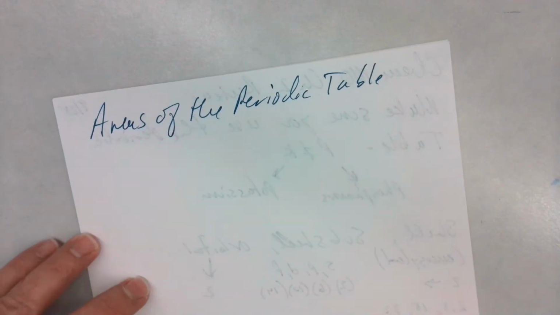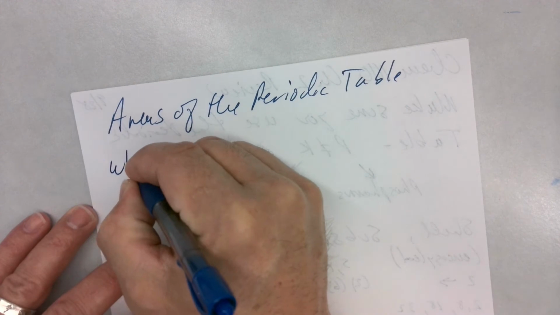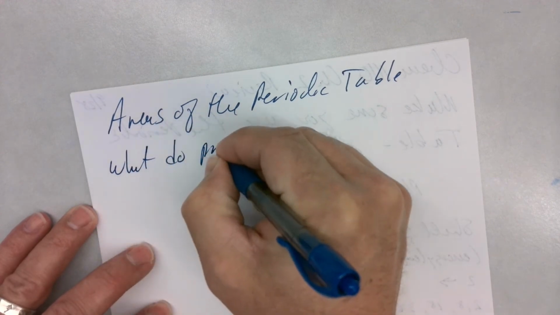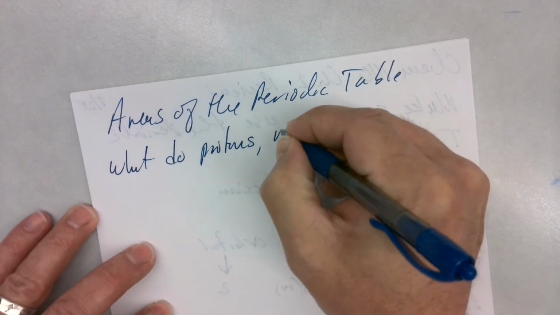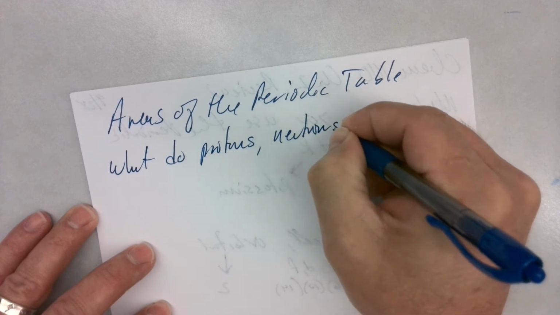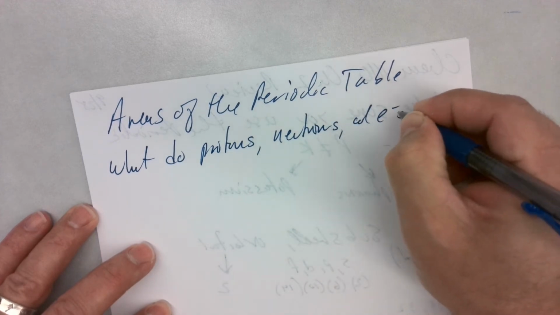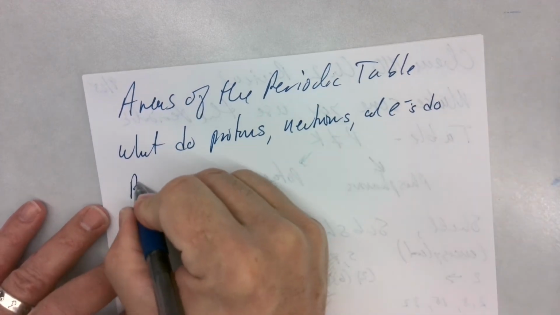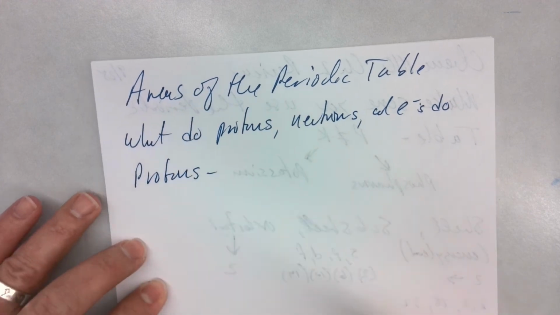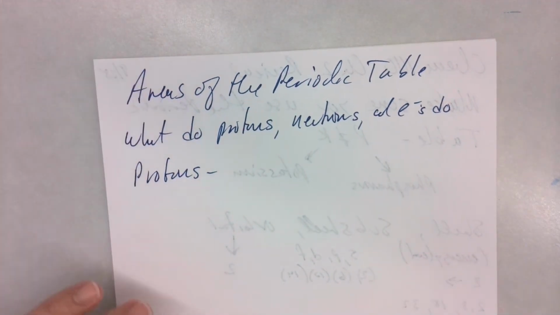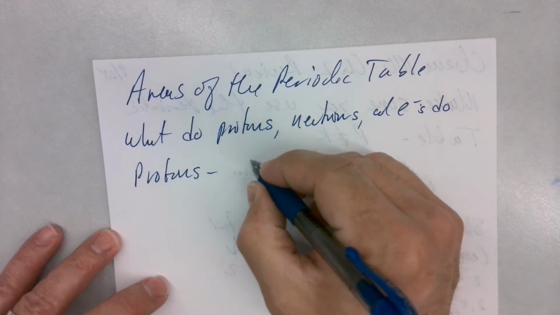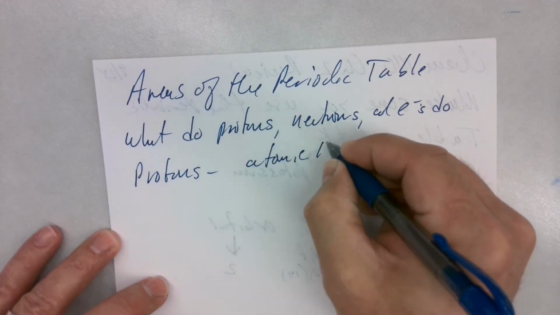Okay? All right. The next thing I asked is this. What do protons, neutrons, and electrons do? Okay? I know we've talked about this. What do protons do? Gives your atomic number. Okay, atomic number. What else?